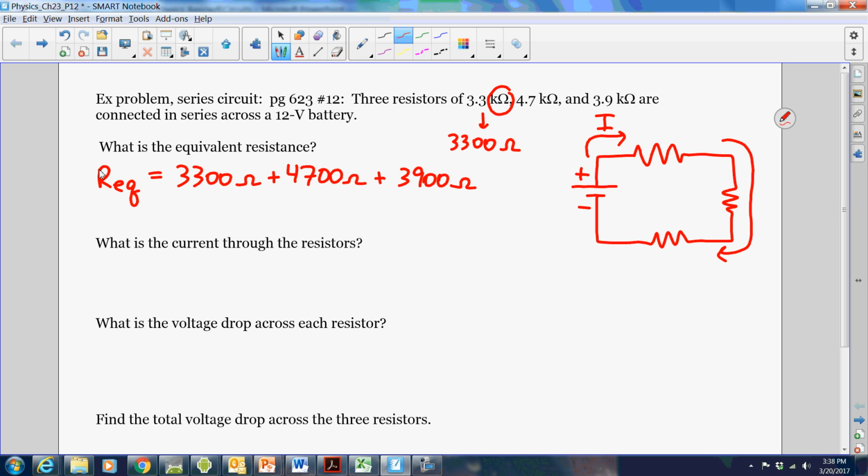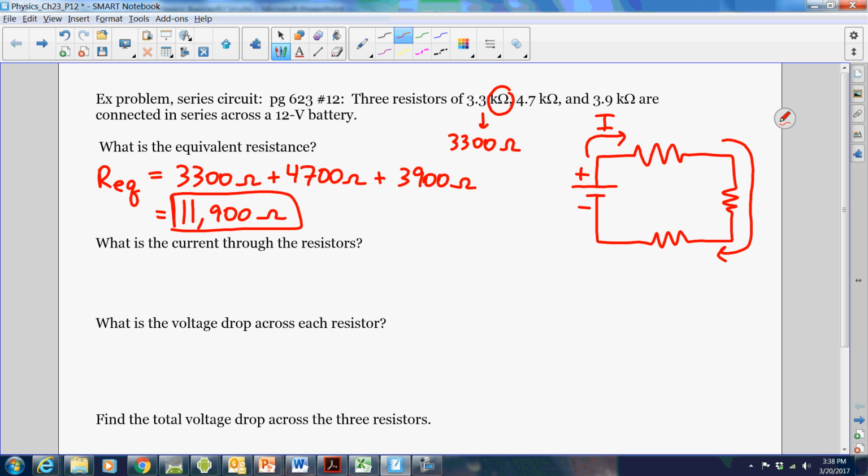And then when you do all that together, I'm pretty sure it's 11,900, but I just want to check. Yep. Okay, so that's a lot. That's okay.